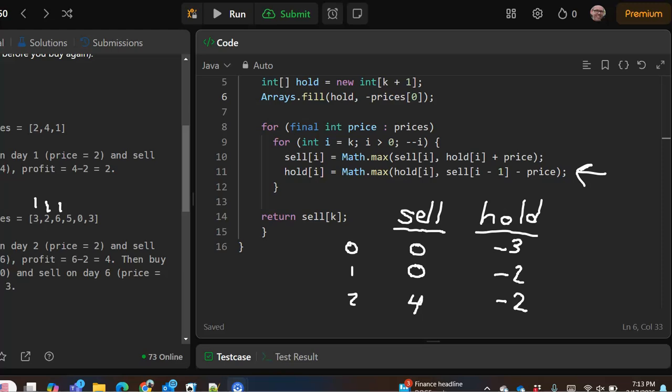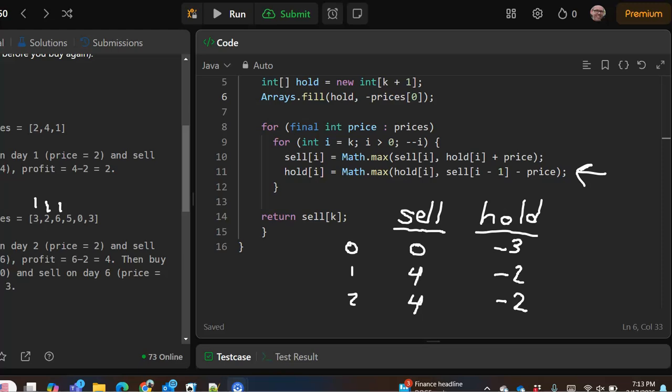All right, we'll go up to the next one here. Update the cell, max of what we already have, or hold plus the price. Well, again, it's the same thing. It is negative 2 plus 6, and we are at 4.